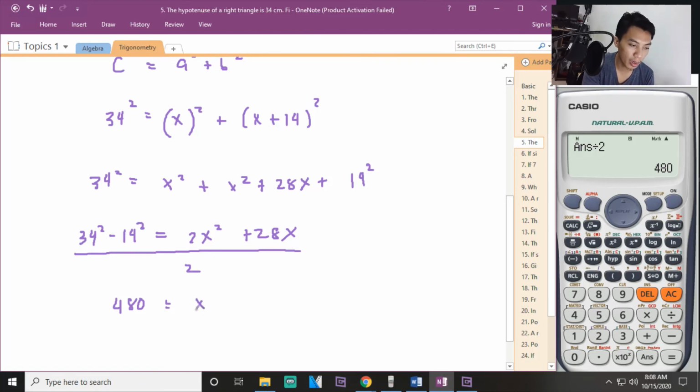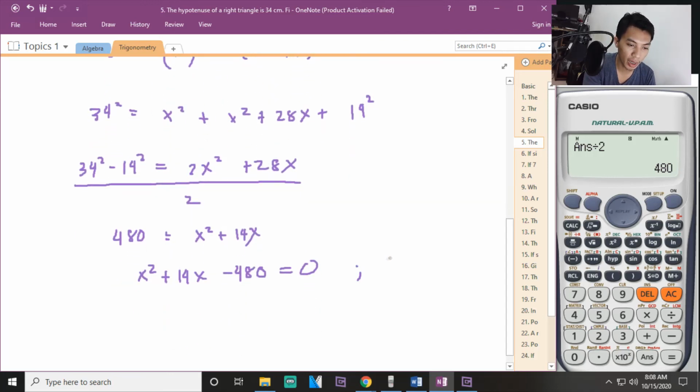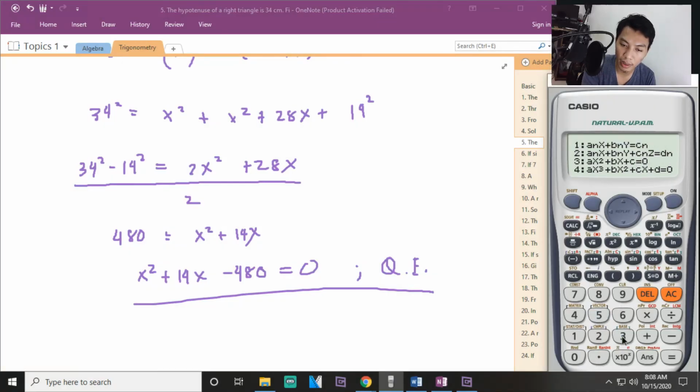So, x squared plus 14x, moving to the other side, minus 480 equal to 0. Now, it is still a quadratic equation. Use mode 5 and 3. So, 1, 14, negative 480.